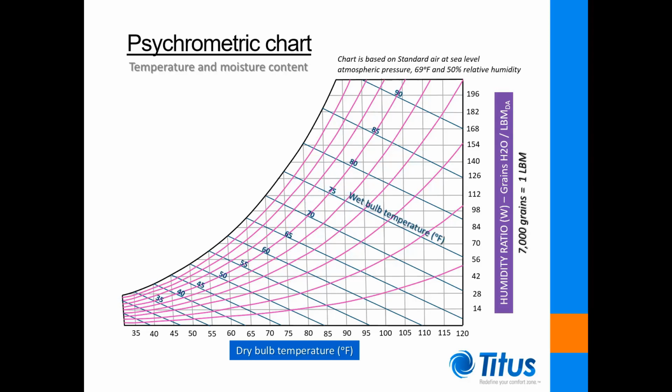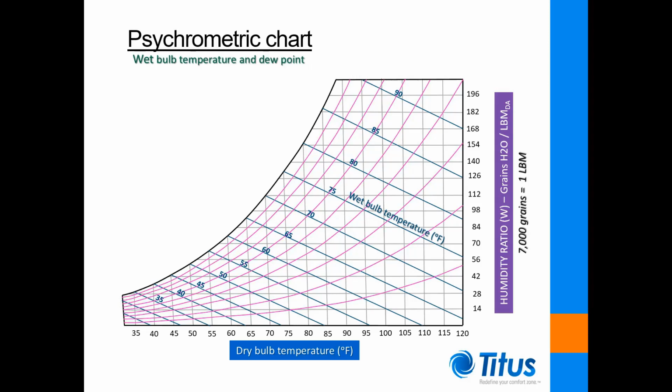Finally, the wet bulb temperature is indicated by diagonal lines on the chart as shown. Notice the curve formed by the left end termination of the wet bulb temperature lines. This curve is known as the saturation line. It is established by points where the mixture's dry and wet bulb temperatures are the same. The point at which the dry and wet bulb temperatures are the same is also referred to as the mixture's dew point temperature.